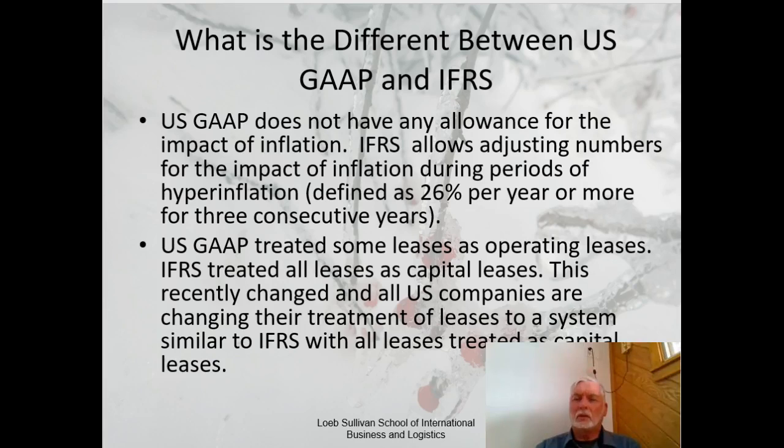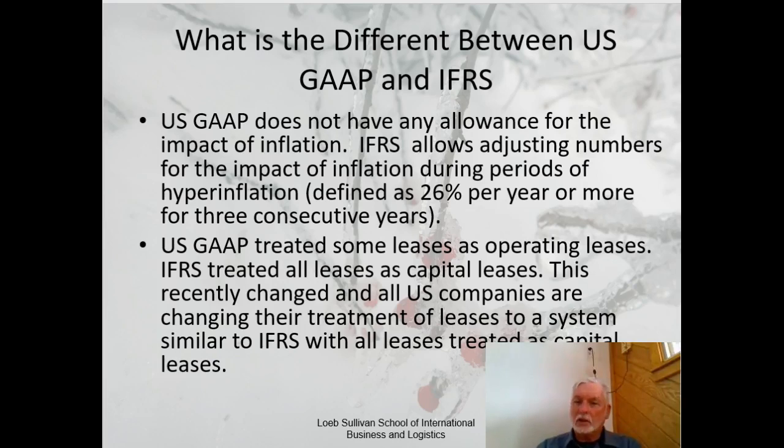So why does IFRS do this? Well, IFRS is an international system, and there are some countries with hyperinflation, and financial statements cease to mean anything in a hyperinflationary environment. US GAAP doesn't have to do that because we haven't suffered hyperinflation in our history. So there's a difference. Doesn't affect too many companies that are multinational, but does affect some.